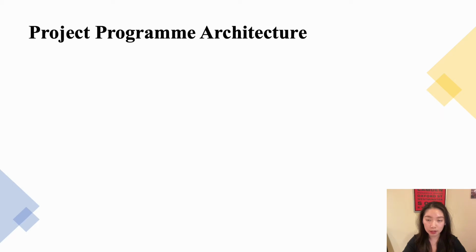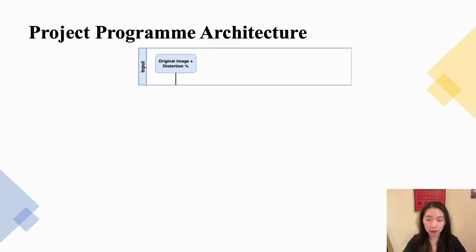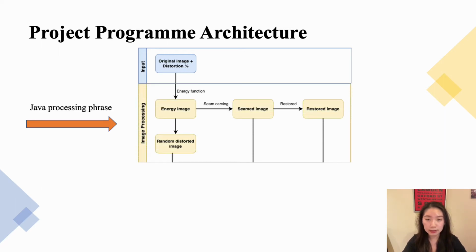This is the pipeline of the whole project. Input an original image with the pixel distortion, and then it goes to the image processing part. The SIMD image is obtained from the energy image with distortion using the SIM carving method, and then the image is restored. The random image is used as a reference and comparison with the SIMD image.